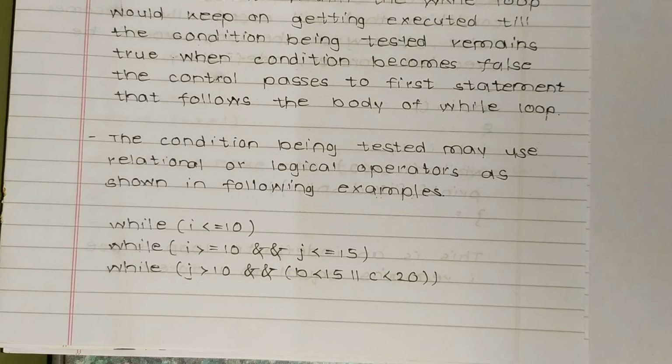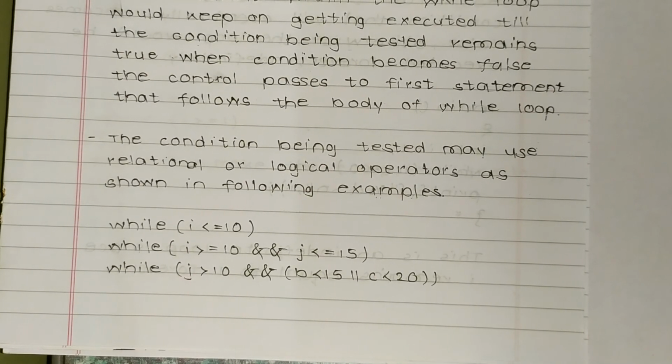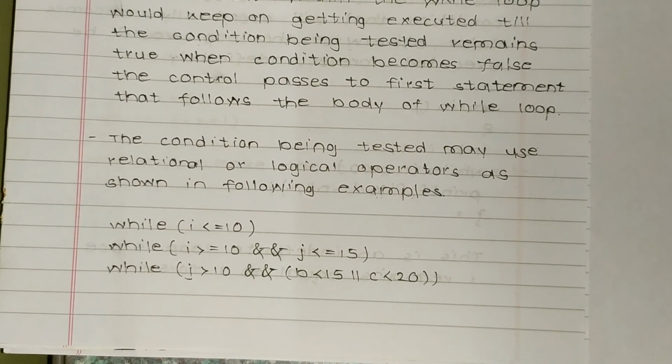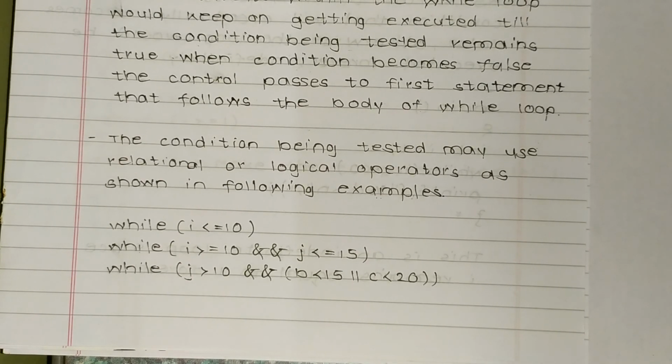Then while i is less than or equal to 10 and j is less than or equal to 15, which is another condition. So logical conditions can also be used in a while loop. It is performed until these conditions are satisfied, that is, they are true. Once they are false, the counter stops.